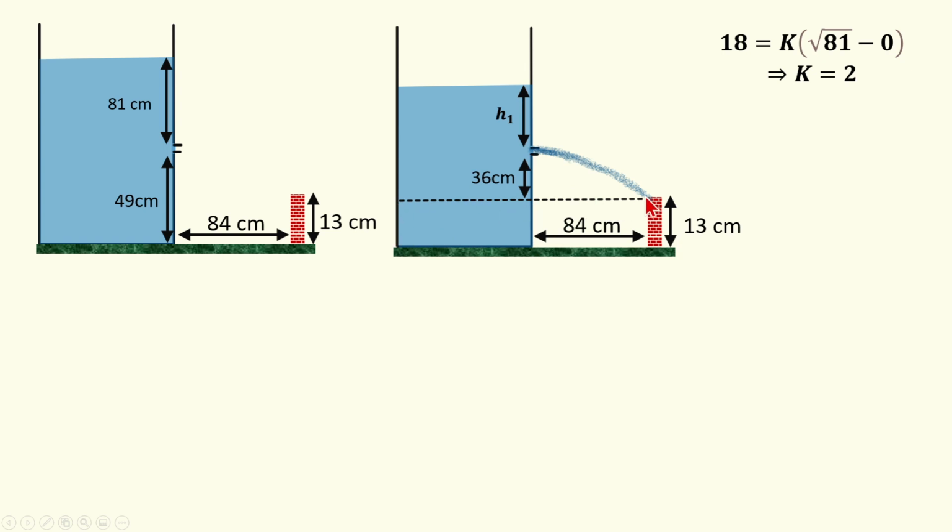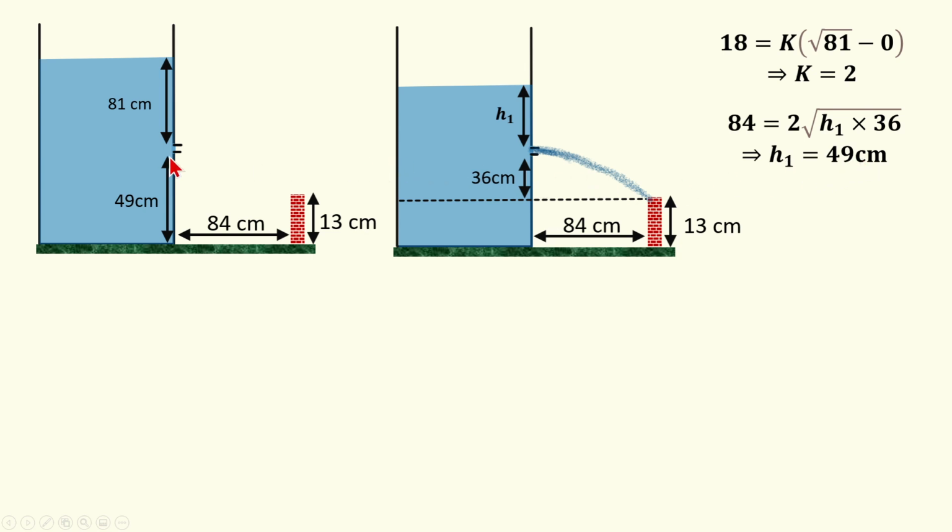For that, we can use the formula of the range, that is R equal to 2 root h1 into h2, where h1 was the height of the surface from the orifice and h2 was the height from this particular level to the position of this orifice, right? So this is 36 centimeter because this was total 49 and 13 is this part, so this will become 36, right? So if we use the formula R equal to 2 root h1 h2, we'll get the value of h1 as 49 centimeter.